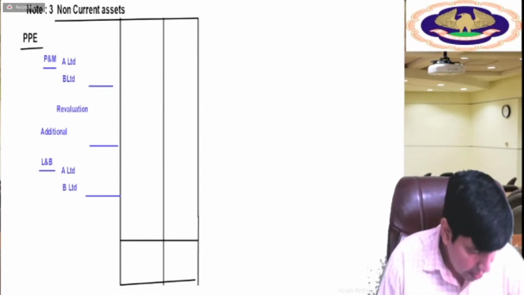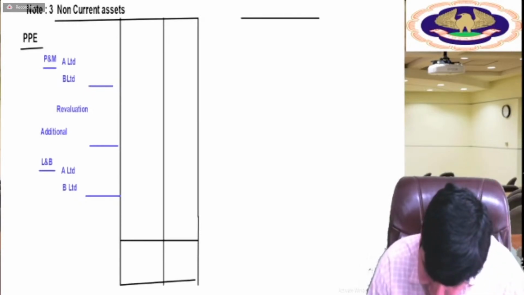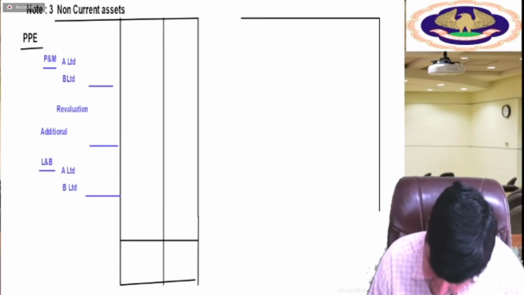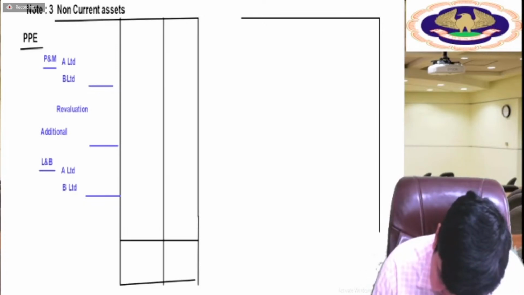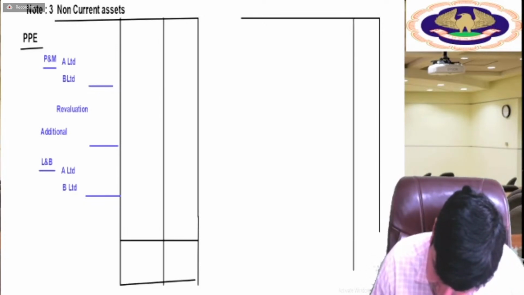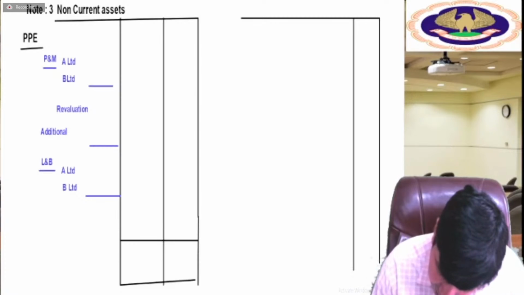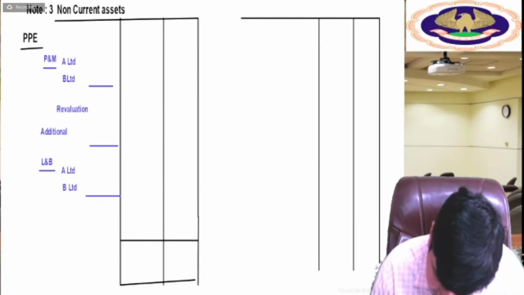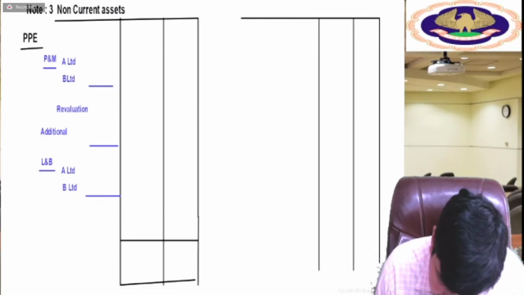Anyways, the next notes to accounts is for current assets, with the past year figure and current year figure. So give a heading there, note number 4.